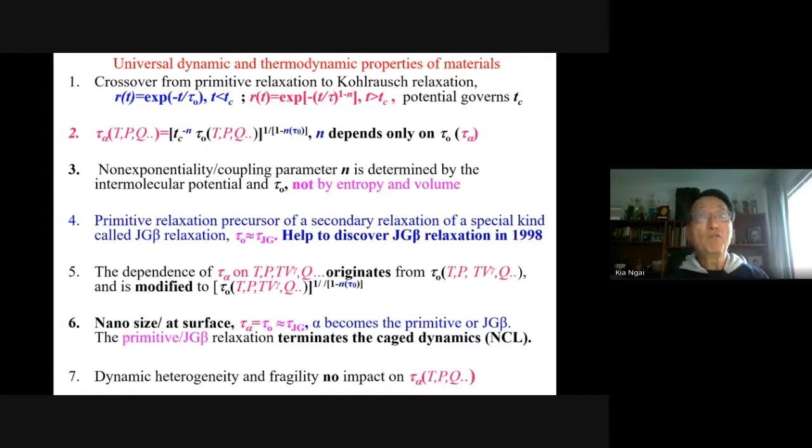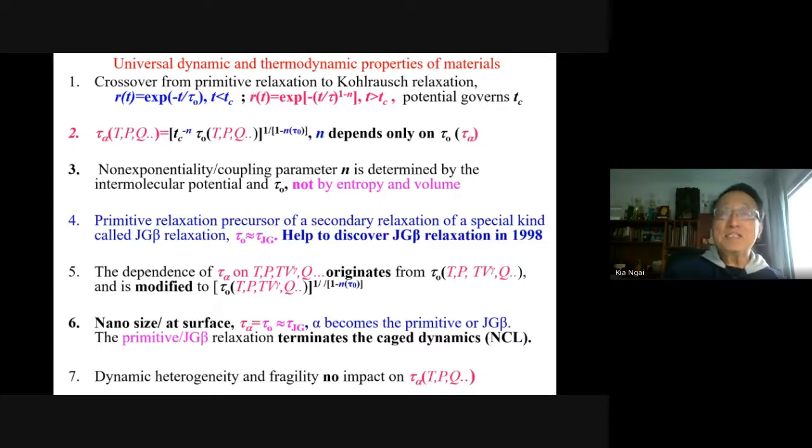For example, from 0.1 megapascal to 2 gigapascal, there's 3 orders of magnitude change in pressure, and the temperature changes to make sure you have the same tau alpha. Look how big the changes are. The thermodynamic conditions, entropy and volume, have to change a lot. But you see the top one, they don't change anything at all.